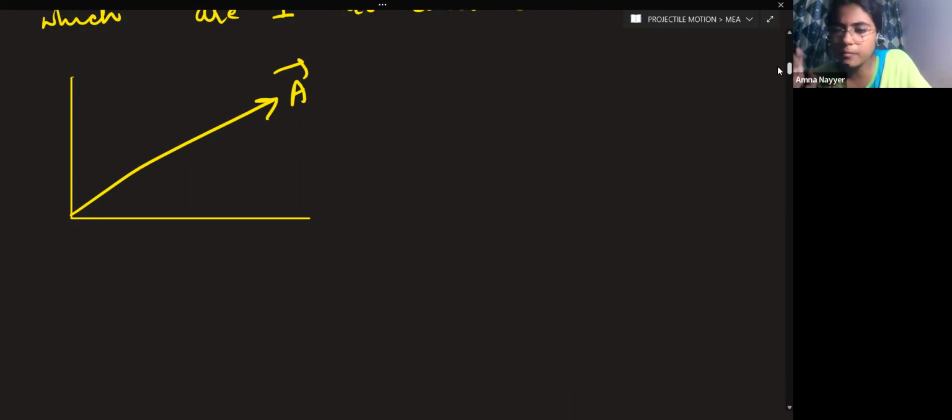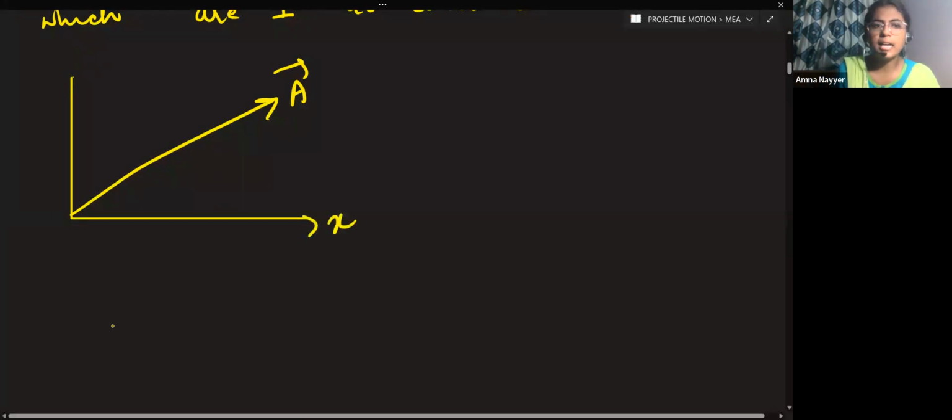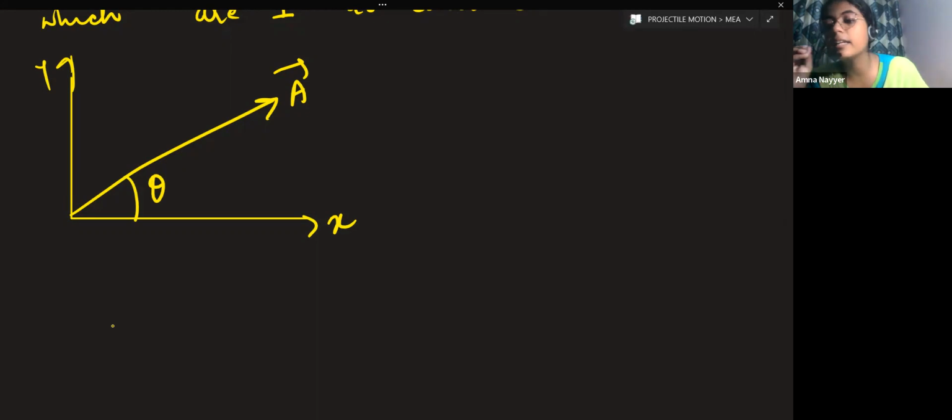A is a vector. So this is x-axis, this is y-axis. Let's say A is making an angle theta with the x-axis. Now what happens? The axis with which the angle is made, that we term as the cos component.